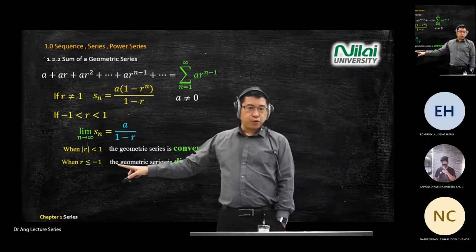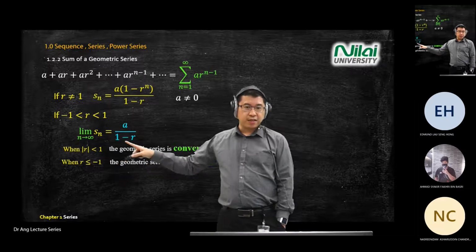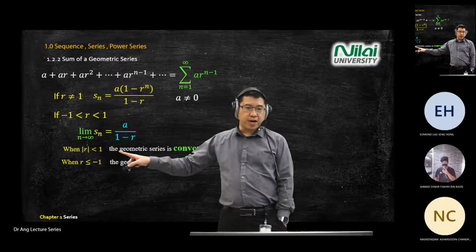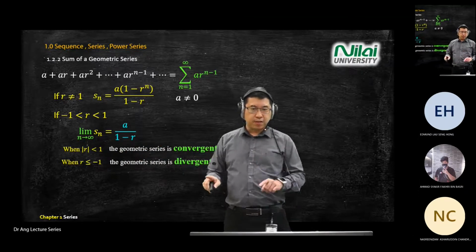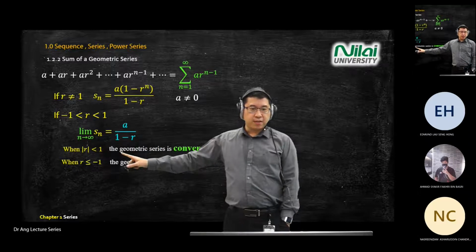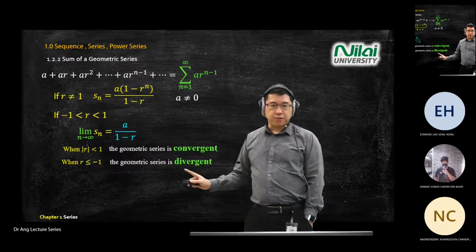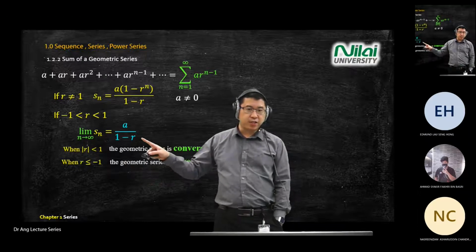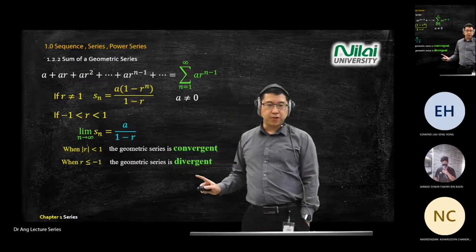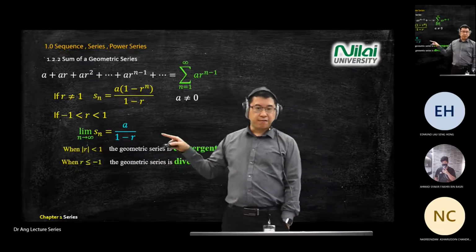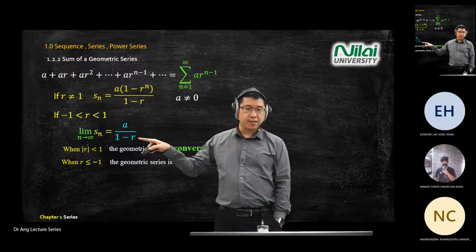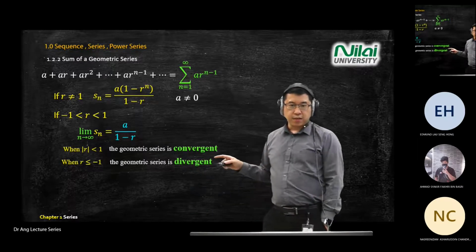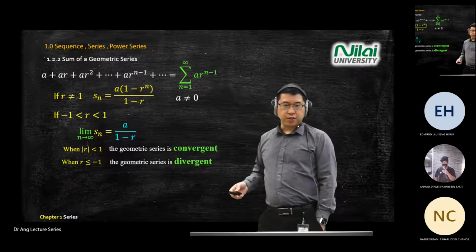If you use this equation, you have the goalpost: when your R is less than 1, it will become convergent. However, if your R is less than -1, it will become divergent.